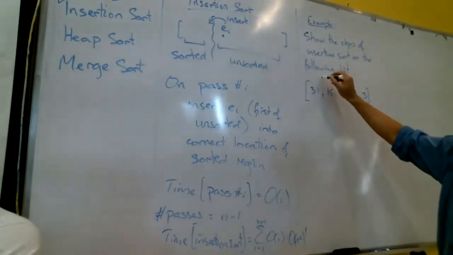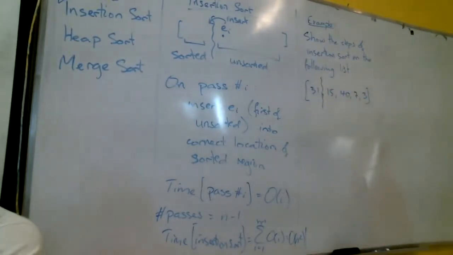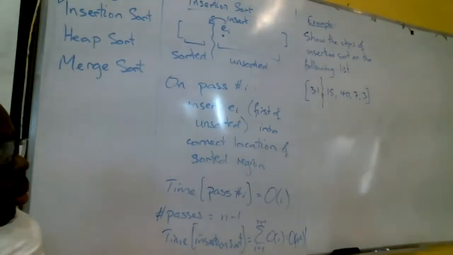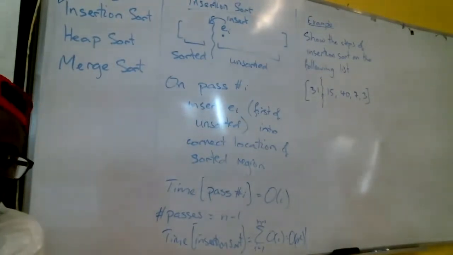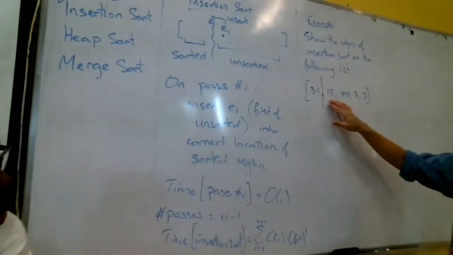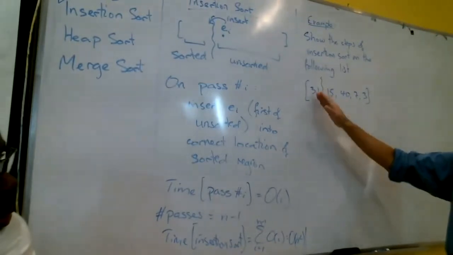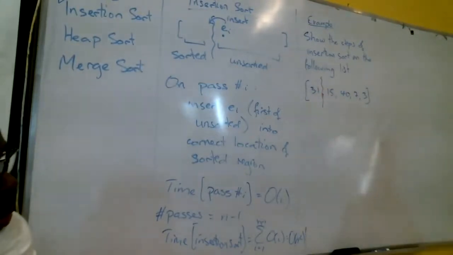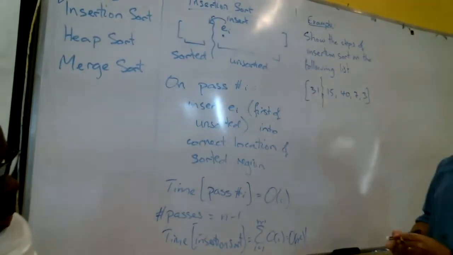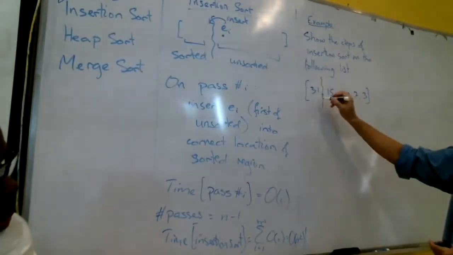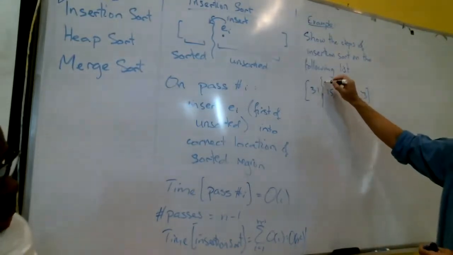So here is the sorted. I'll draw that black line to show the partition. Remember, to the left of that, it's sorted already. So the first step would be to pick up 15 and insert it in the correct place. But how does that work? That's a sequential comparison, one after the other. So in this case, we're going to do a comparison like so.